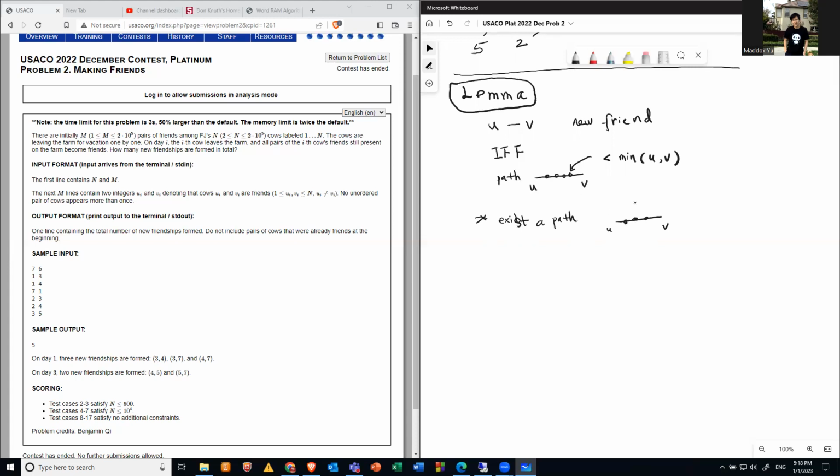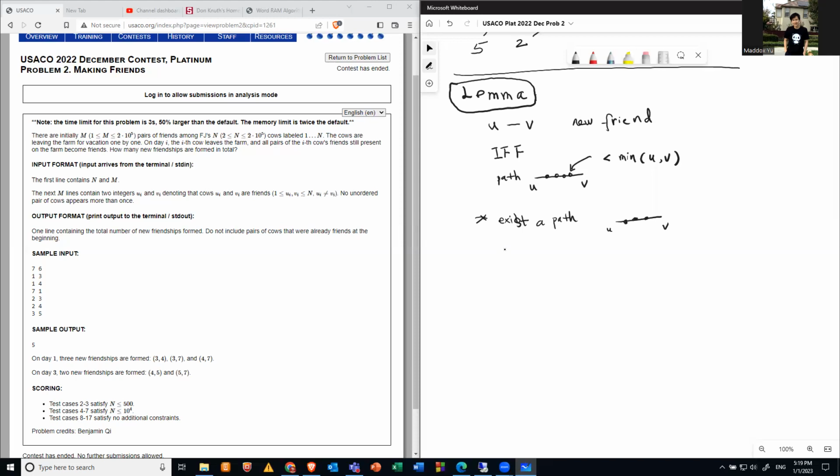Obviously, those nodes will be removed, according to this problem, during some sequence before U and V are removed. So obviously U and V are connected, so they become new friends.